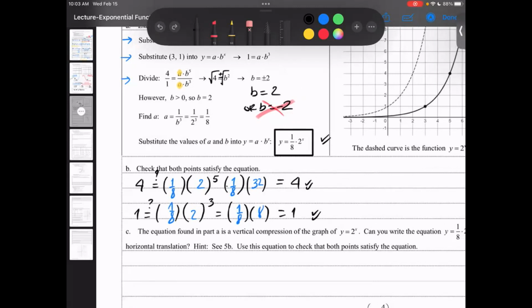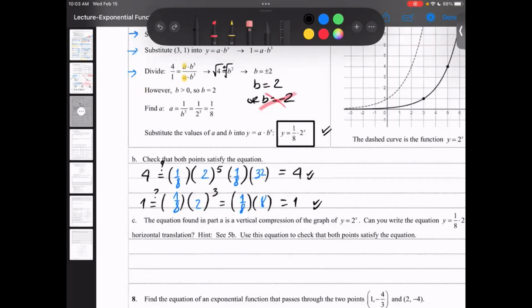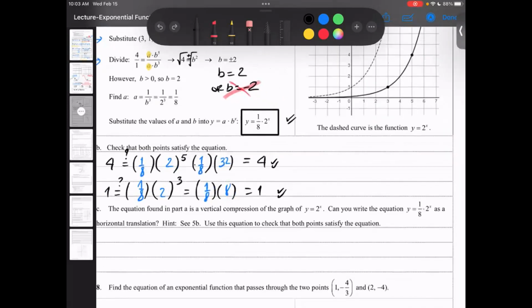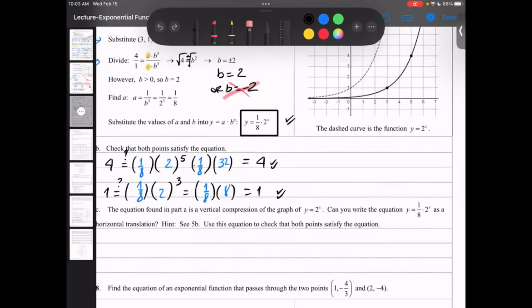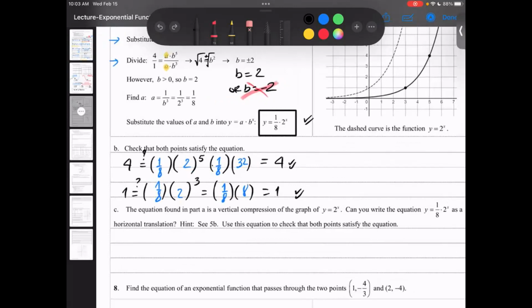It's compressed because the value a is between 0 and 1. Remember vertical stretch and vertical compression. Can you write the equation y equal 1/8 times 2 to the x as a horizontal translation? What do they mean by that? Remember I gave you the form earlier?